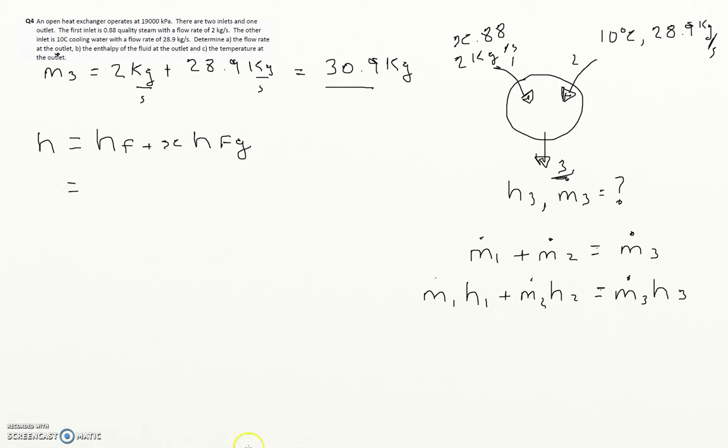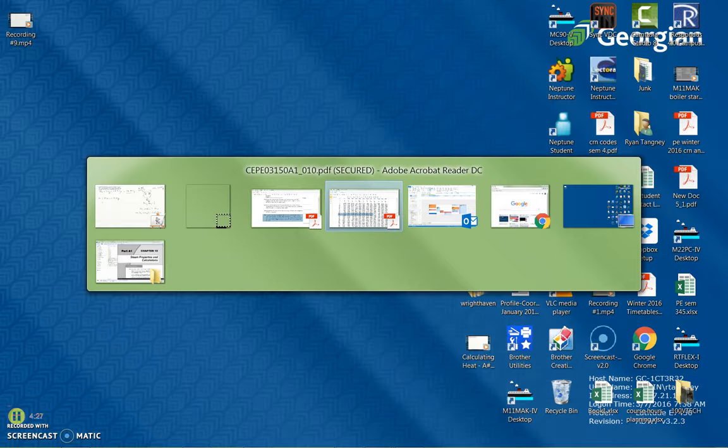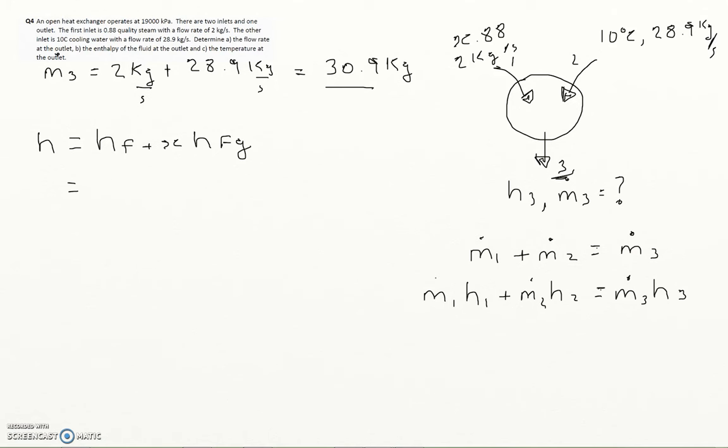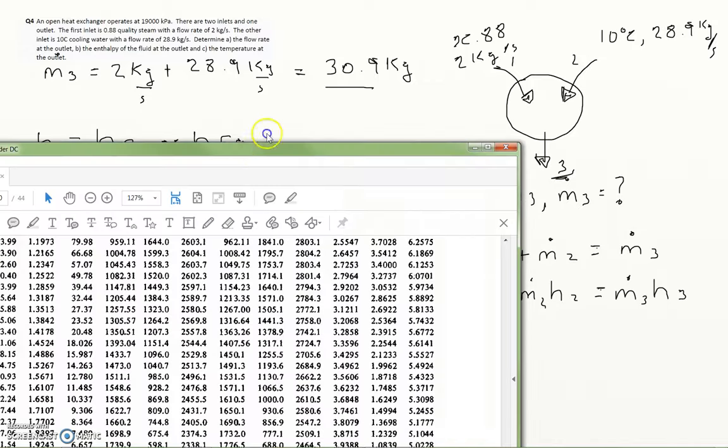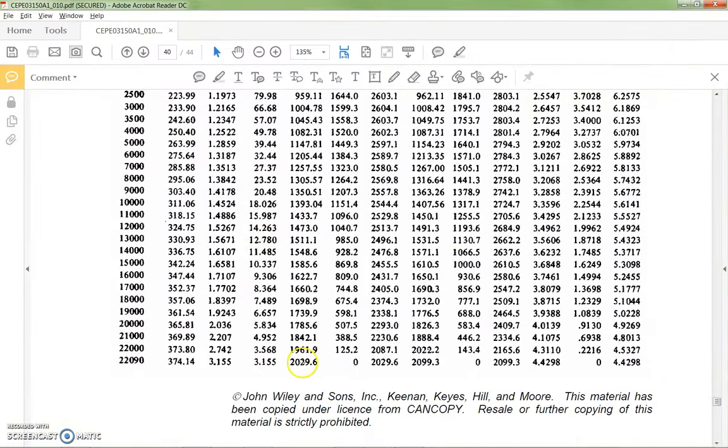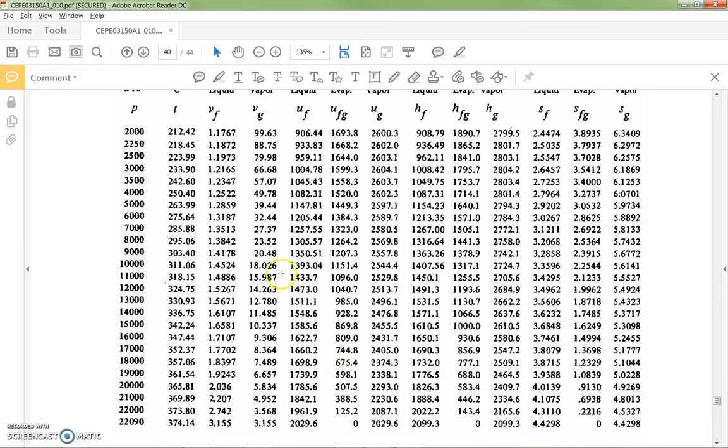If I go to my steam tables, at 19,000 kPa I'm going to have a couple of values: 1776.5 for HF and 688 for HFG.